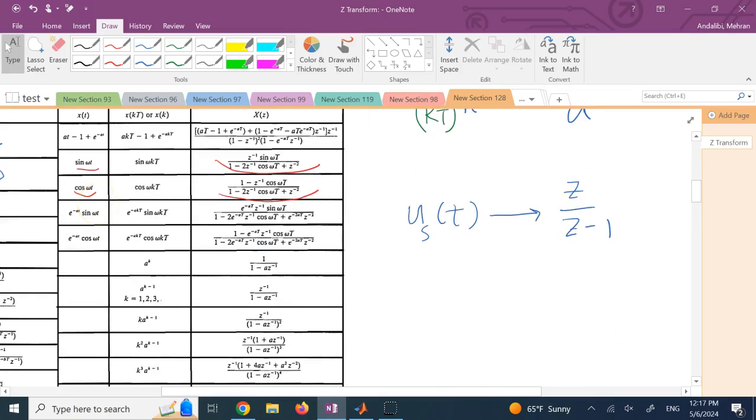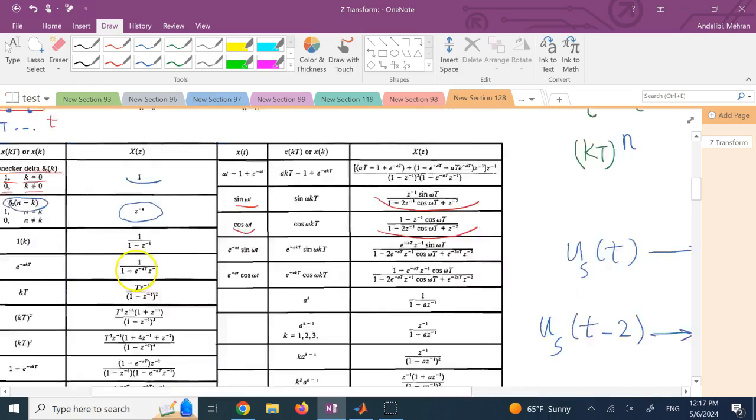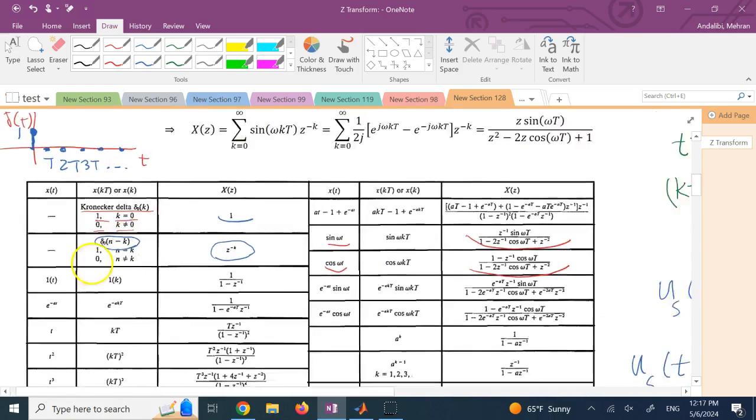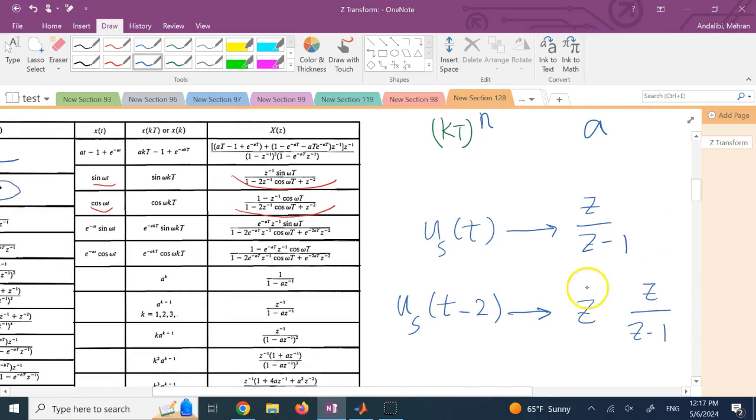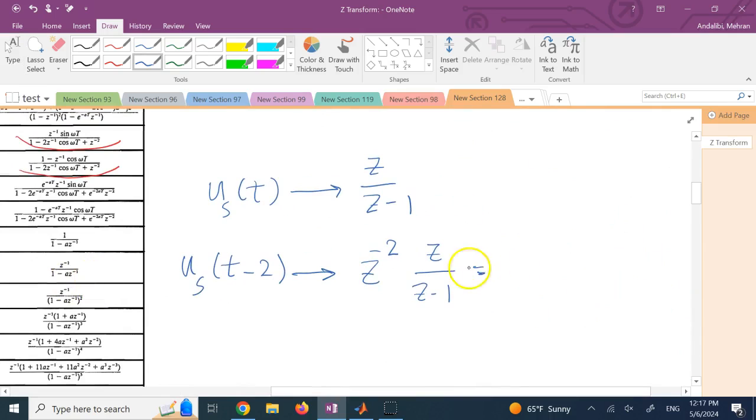Now, if I have u_s of t minus 2, what is it? That is going to be this z over z minus 1 multiplied by what? z to the negative k, where k is the time of delay, so it's 2. If you simplify it, this z to the negative 2 comes to the denominator, so you get z over z times z minus 1.